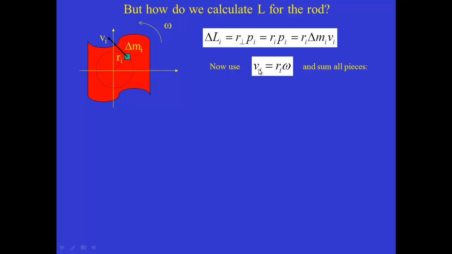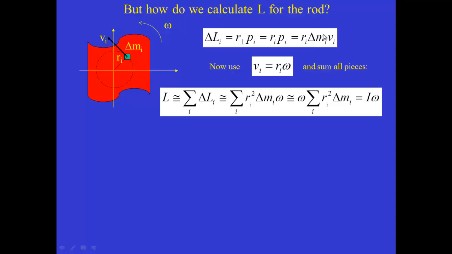Well, let's substitute in v sub i equals r omega, and then sum up the angular momentum of each of the pieces to give us the total angular momentum of this entire object as it rotates. So total L is the sum of all the individual pieces of angular momentum, and now we take the expression from the top line, substitute in v sub i is r sub i omega, and we end up with r sub i squared delta m sub i times omega.